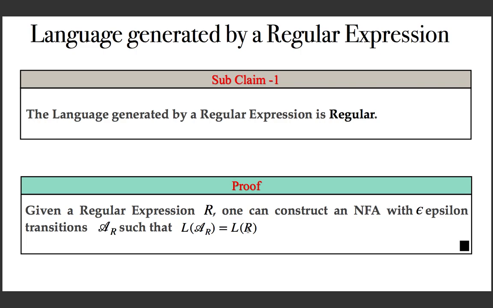If that is the case, that means there exists an NFA for a language represented by an arbitrary regular expression, and hence the language generated by any regular expression is a regular language because of the existence of an NFA.